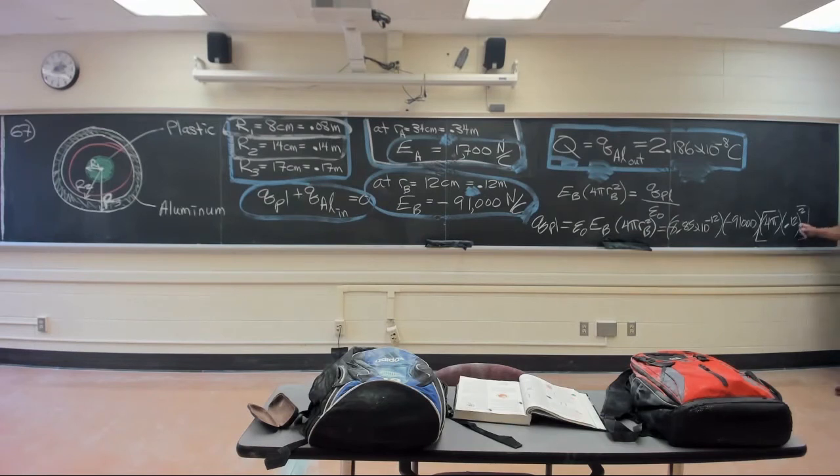This right here is 144 times 10 to the negative 4. 144 times 10 to the negative 4 times 10 to the negative 5 is 144 times 10 to the negative 9. That's about 1.44 times 10 to the negative 7. They got negative 1.46 times 10 to the negative 7. Okay, it's a good guess.